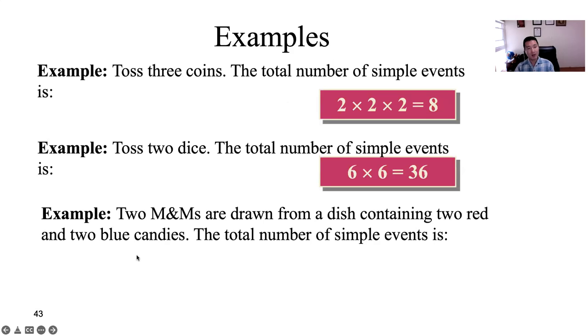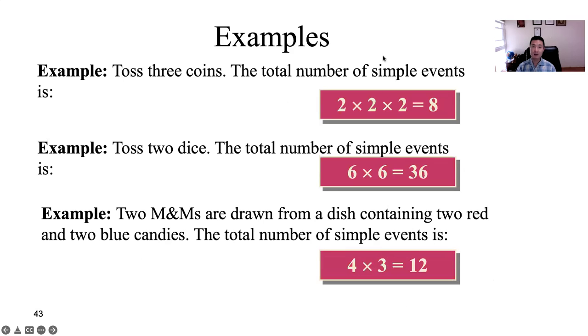We have 2 candies drawn from a dish. In the dish, we have 2 red candies and 2 blue candies. So the total number of simple events will be 4 times 3. We have 2 picks.